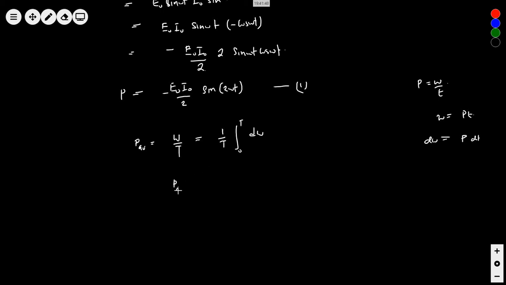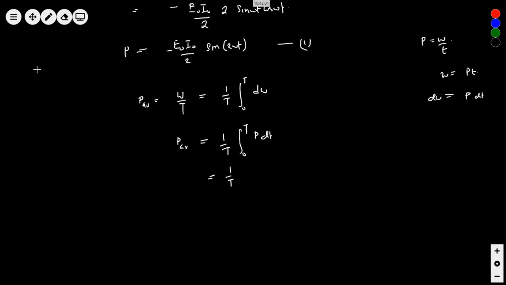So we can easily plug the value here: 1 by T, integral 0 to T of P dt. P will be how much? Minus, 0 to T, minus E naught I naught by 2 sine 2 omega t dt.